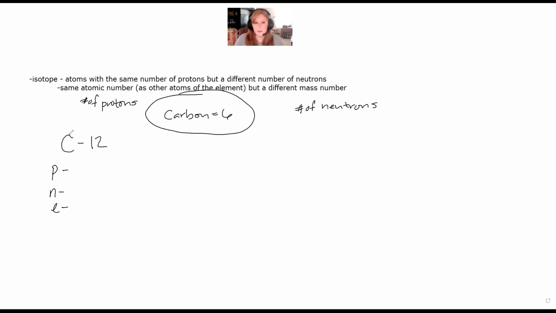All right, carbon 12. This is a standard atom of carbon, which means, what's our number of protons? It's atomic number 6. Standard atom, neutrons are 6, and so are the electrons. This is called carbon 12 because when you add the number of protons plus the number of neutrons, you get 12. Ta-da!